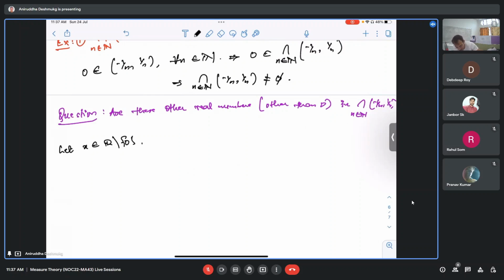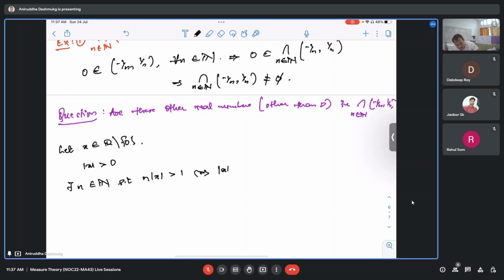Then what will happen? See, mod x is bigger than 0, right? Because x is not 0 and mod x cannot be negative. So by the Archimedean property, there is always some n such that n times mod x is bigger than 1. Or what I should write is mod x is bigger than 1 by n.